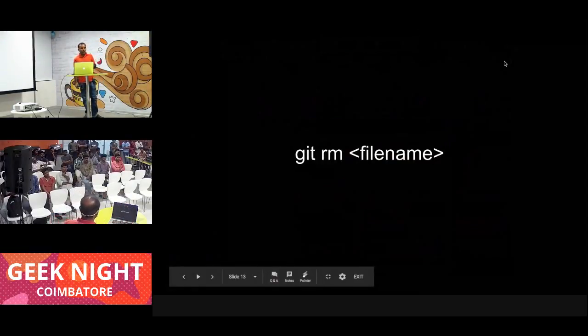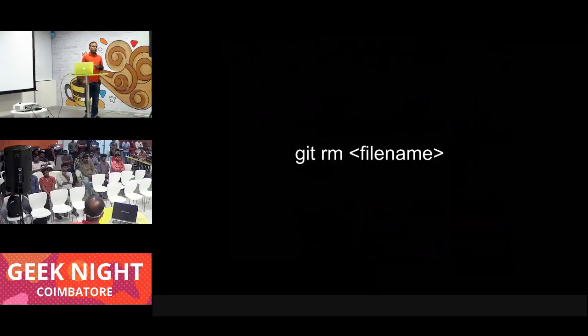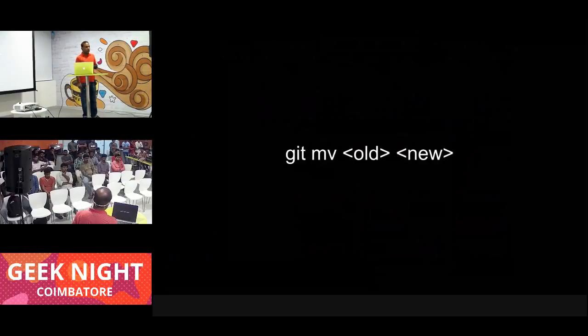Again, more commands. If you want to tell Git, please don't track this file and remove this file, you do git rm. If you want to rename a file and you want to tell Git, please rename, because Git also has to rename, right? It's git mv. As you can see, it's all heavily inspired by Unix and Linux commands, right?